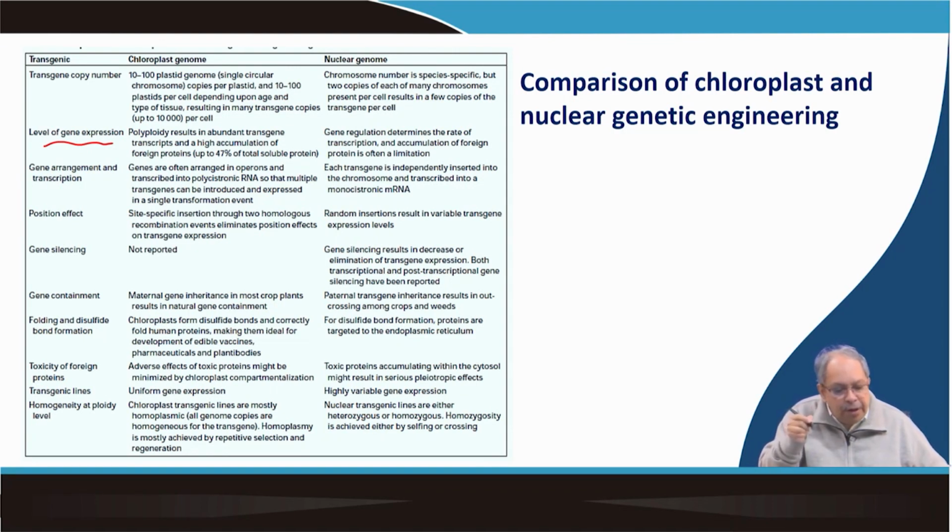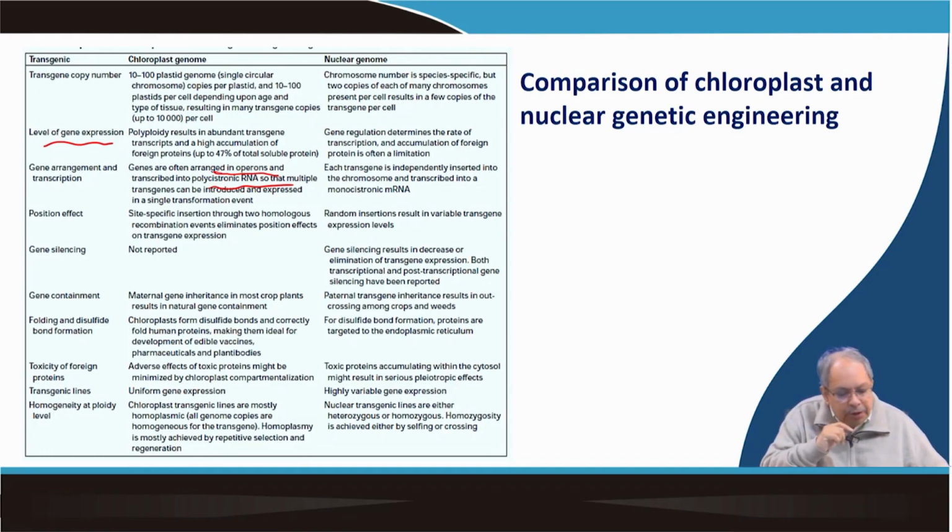Another interesting point I have mentioned is that genes are arranged in operons. So, it is possible that polycistronic RNA can be produced and multiple transgenes can be expressed in a single event, whereas in nuclear transformation it is monocistronic mRNA, that means each individual gene is controlled under an individual promoter and terminator.